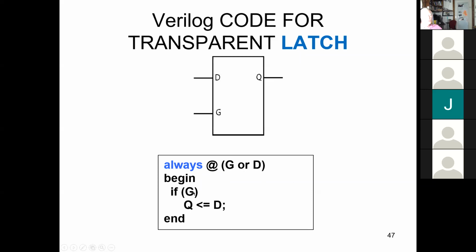If G is true, then Q equals D. So this is a latch where when the gate is active high, then D is propagated directly through to Q. That's why D has to be in the sensitivity list also. Because if G is high, then the output will change when D changes. If G is low, inactive, then the latch is closed and Q is held at its current value regardless of what D does.